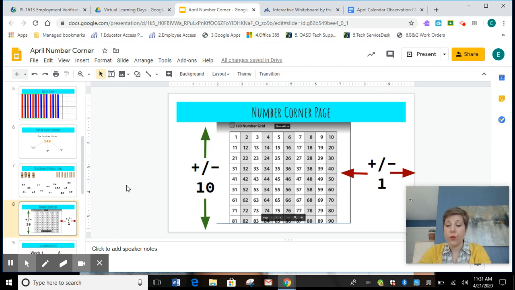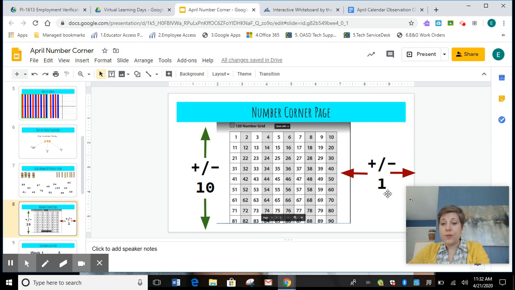Now, I want to just give you a reminder of how to use that number grid. When you are adding and subtracting groups of 10, you're always going up and down that column. When you're taking away groups of 10, you're moving up the column. Those numbers are getting smaller. When you're adding groups of 10, you're moving your way down the column because your numbers are getting bigger.